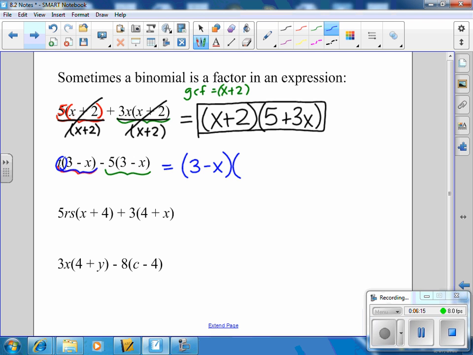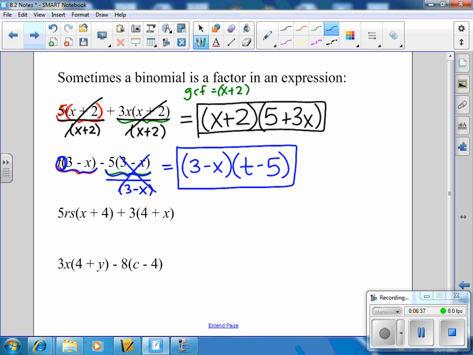Well, all that we would need is the t. And same thing here. You can think about what would I need to multiply 3 minus x by to give me this, or you could divide it by what we factored out. Either way, you'll end up with negative 5 being the only thing you need. Go ahead and try the other two and pause the video.